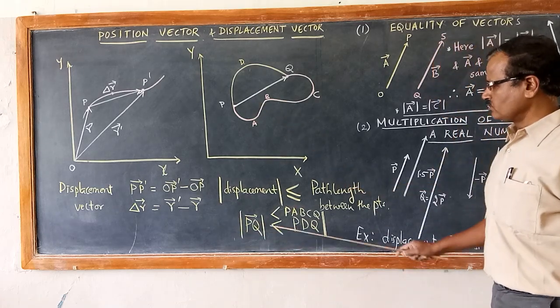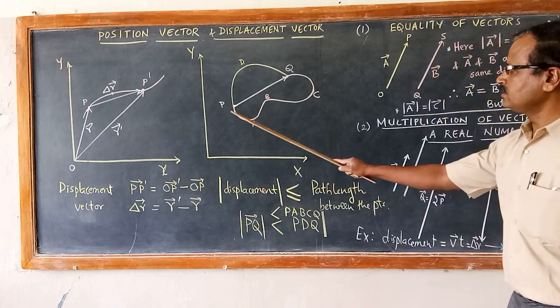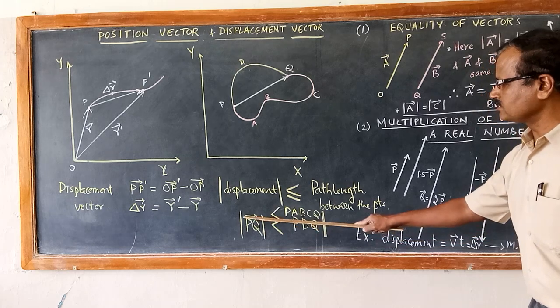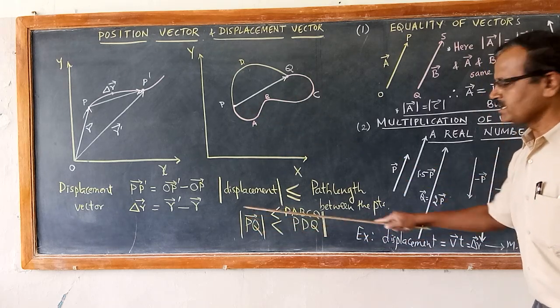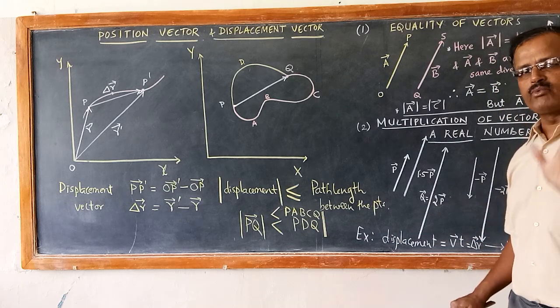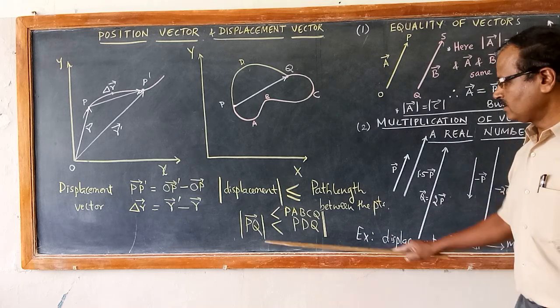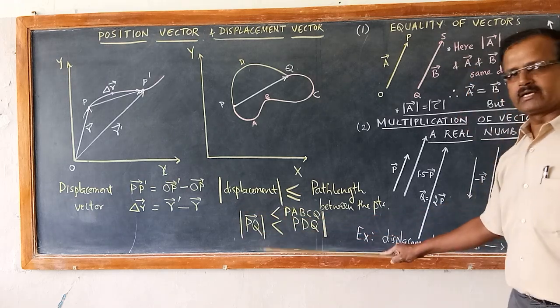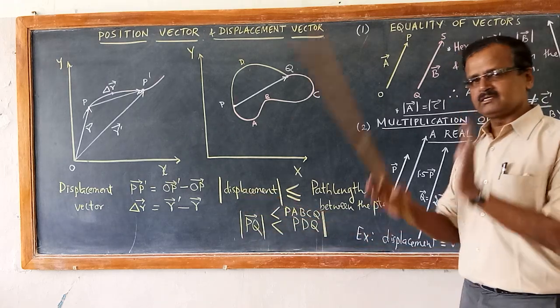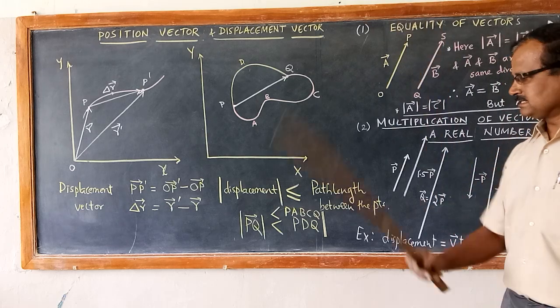So how can I write the displacement vector PQ? See, I have written PQ and the direction is shown by this arrowhead. This is how we represent any vector. The modulus of the PQ vector means its magnitude, its length.